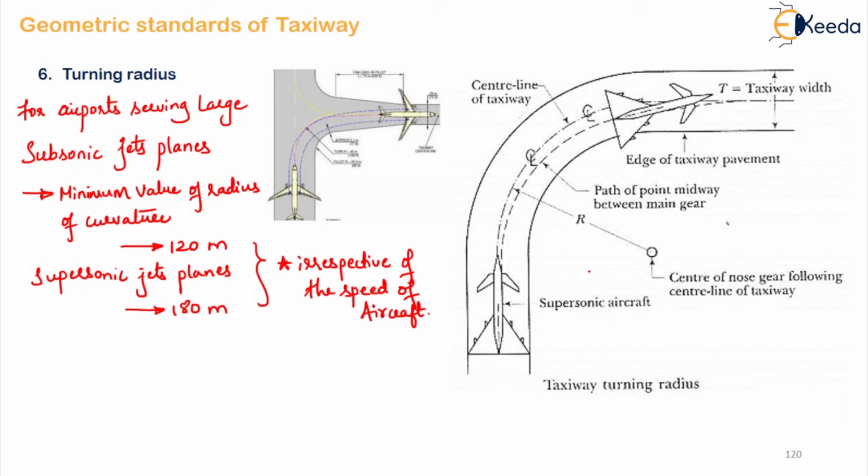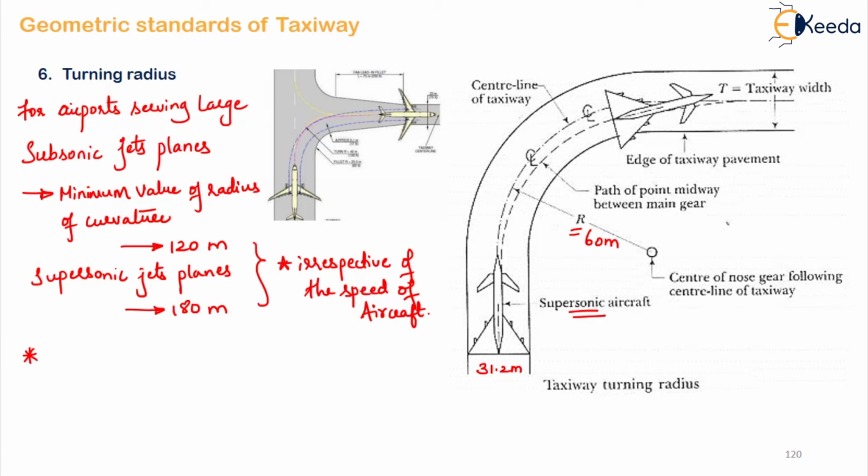Now, if you observe this figure, it shows the path followed by a supersonic aircraft having a wheelbase, which is the distance between the wheels, of about 1.2 meters on the taxiway, and a radius of curvature of about 60 meters.